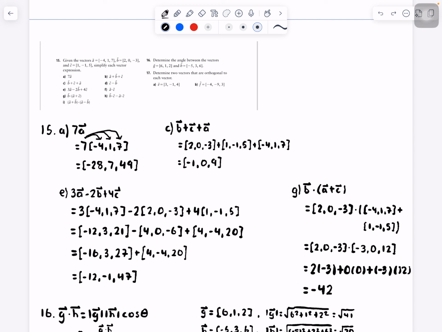So I took my vectors, (2, 0, -3), (1, -1, 5), plus (-4, 1, 7). I probably chose to do B plus C first. So I'm doing component addition, and then the result of that, I'm going to add with (-4, 1, 7), which is vector A. And then I get my vector (-1, 0, 9) out. Okay, good.